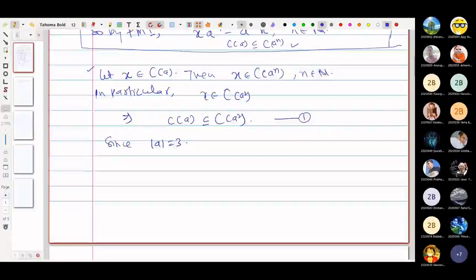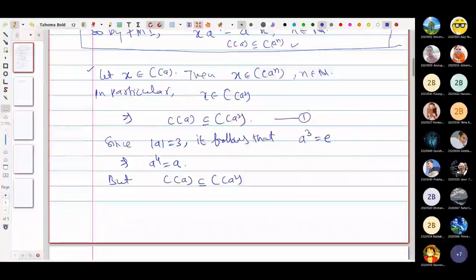Now since the order of a is 3, it follows that a to the power 3 equals the identity, and this implies that a to the power 4 equals a. But what we know is that the centralizer of A is contained in the centralizer of A square, as we just proved by 1.